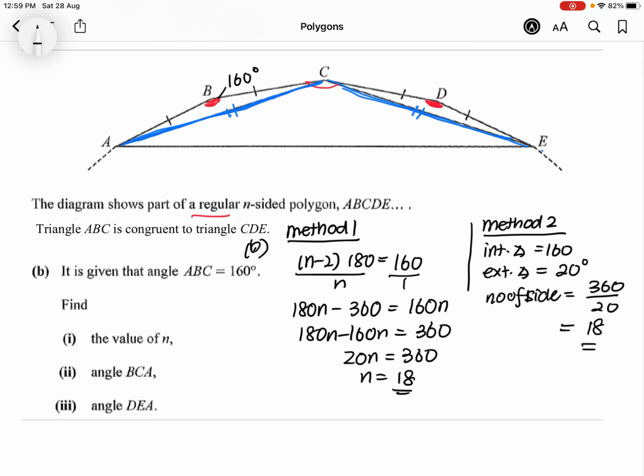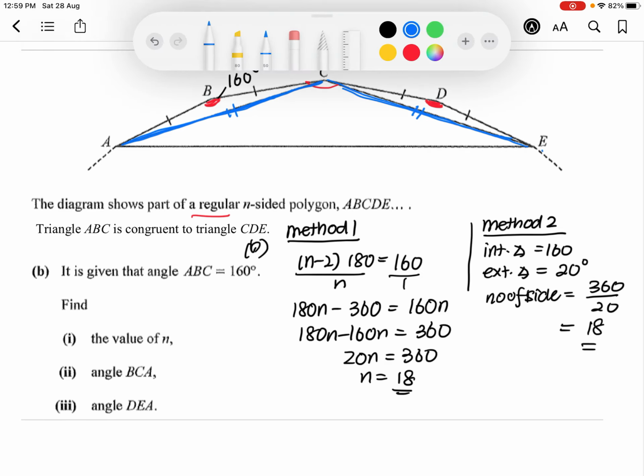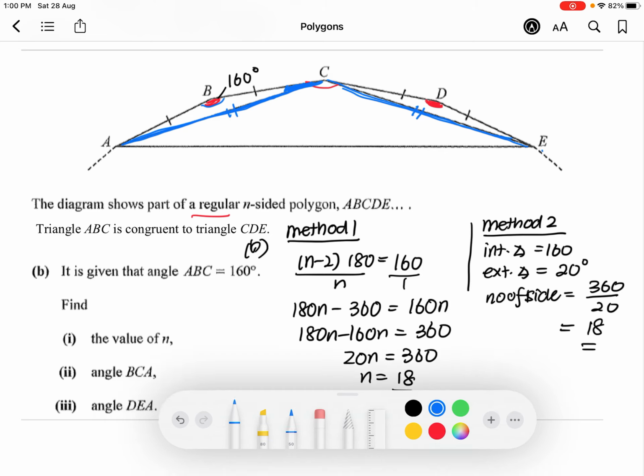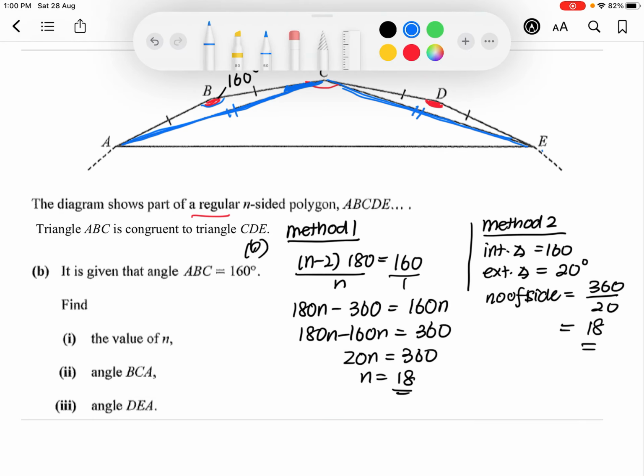So this is part B. Next one, find the angle BCA. Where is angle BCA? BCA is the small angle over here. This is a base angle of the isosceles triangle, and we already know that the apex angle is 160. So now we can happily find the base angle.